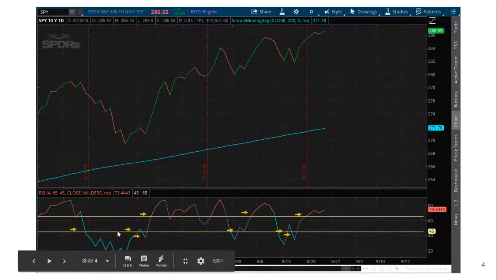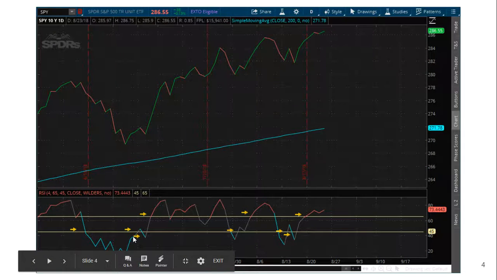And here you see these yellow arrows indicating when the indicator becomes oversold, when it dips below the 45, and then the yellow lines where it gives a trigger signal that, hey, the market is recovering a little bit and maybe a good buying opportunity. So there's an example there. Here's another example. And then finally a couple other examples.